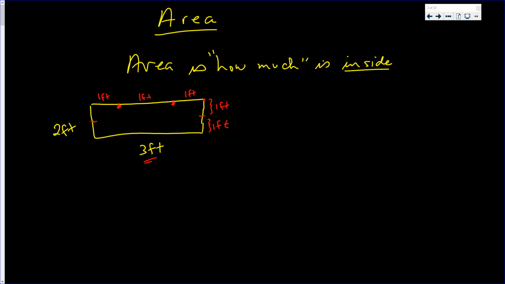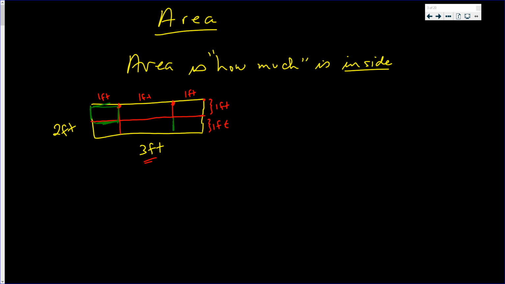Now, if I actually cut the 2 feet in half, and I cut the 3 feet into 3 equal pieces, it may not look like what I'm about to say, but let my diagram go, please. This is 1 foot by 1 foot by 1 foot by 1 foot.